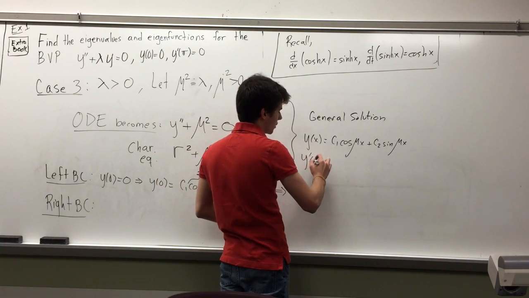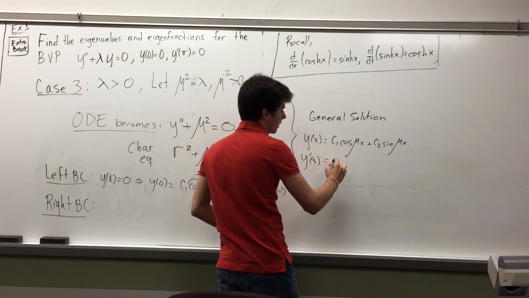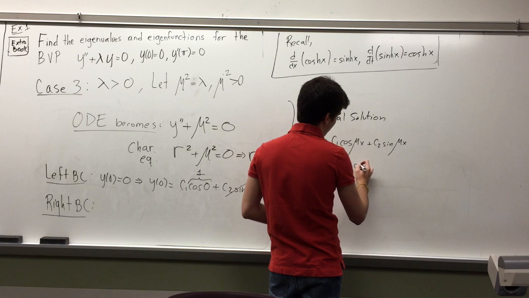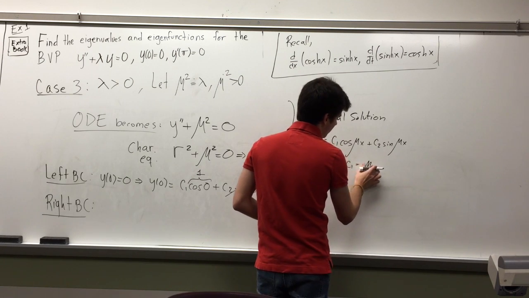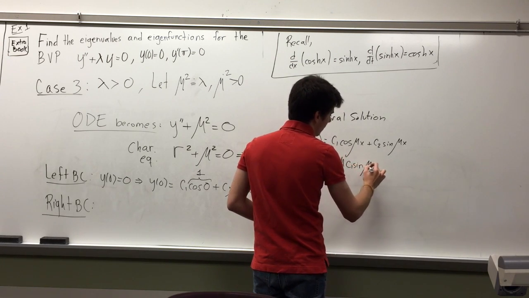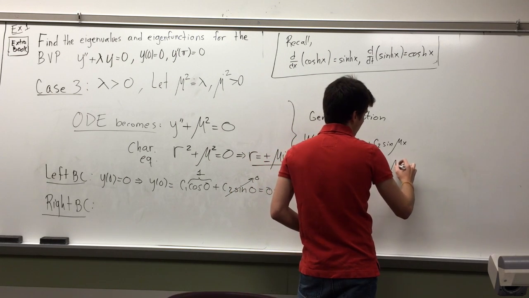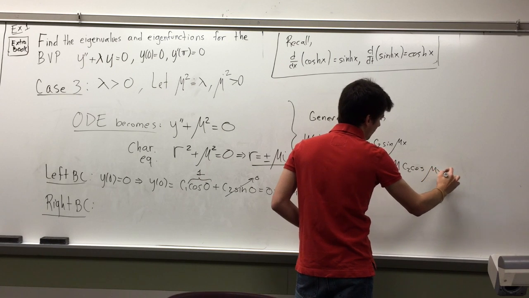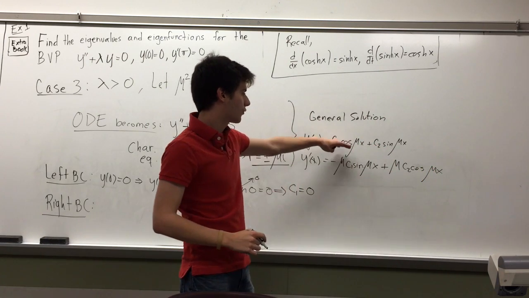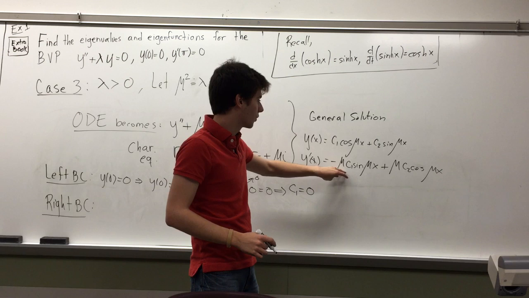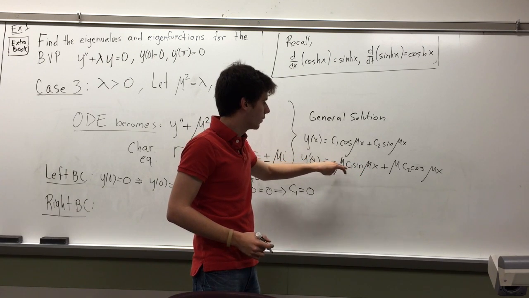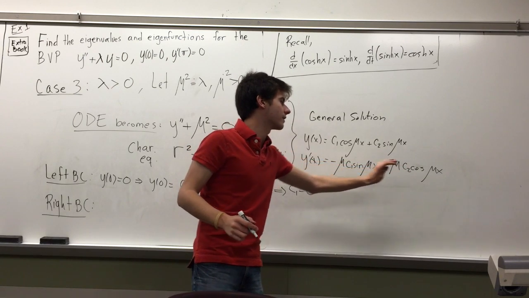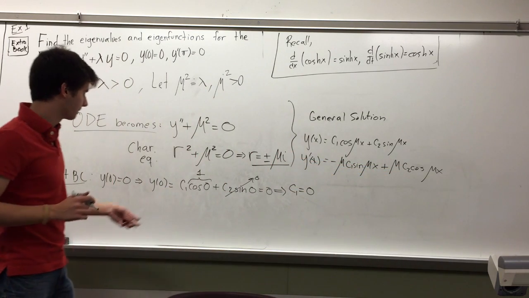So if we differentiate our general solution, y prime of x is equal to negative mu c1 sine of mu x plus mu c2 cosine of mu x. Again, I'm just differentiating this using the chain rule here. We get negative mu, and here we just get mu as a factor, just by using chain rule.